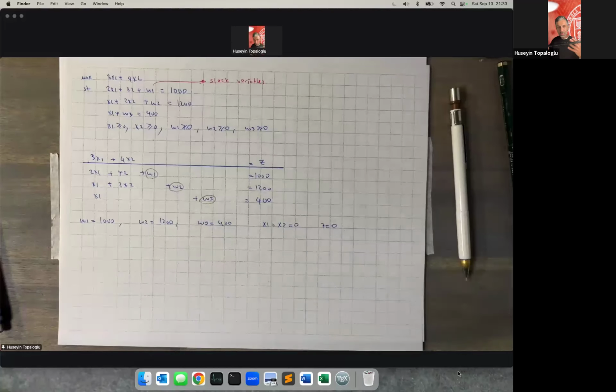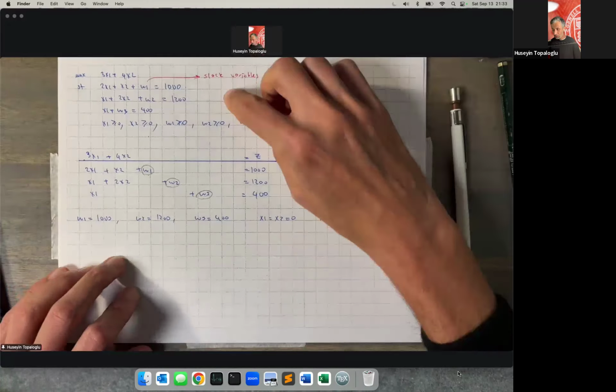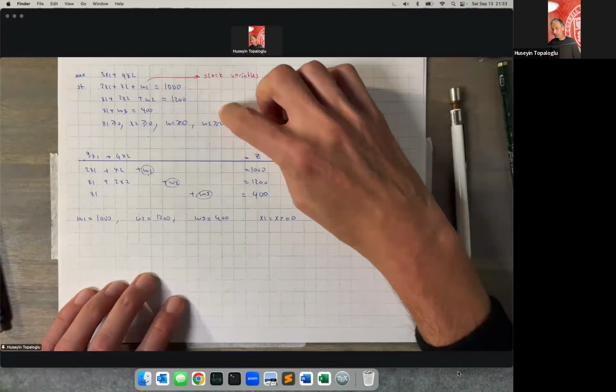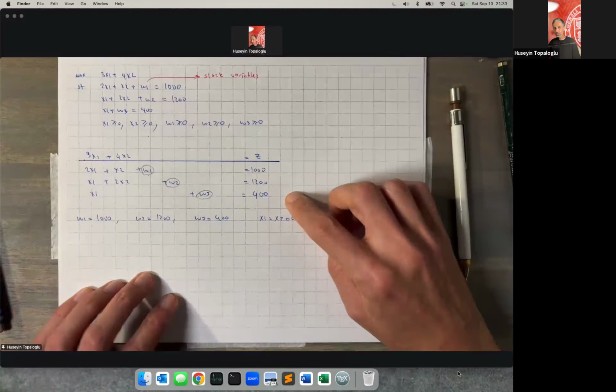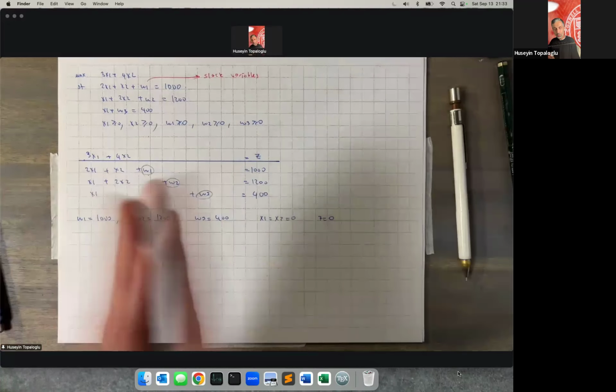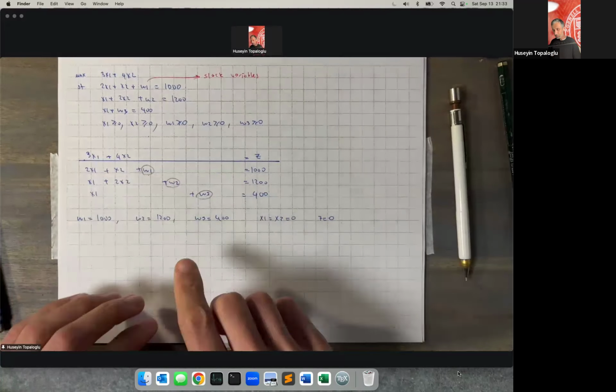Okay, good. So let's again recap where we're at. We wrote down a linear program with equality constraints. We expressed our linear program as a system of linear equations. But this system of linear equations has a very nice structure.